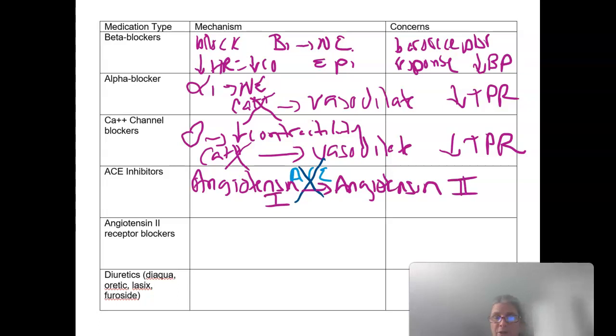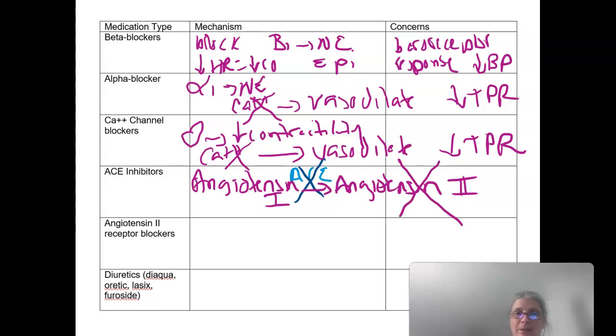Well, if you don't get angiotensin 2, now you don't release aldosterone and you don't vasoconstrict. So it's going to have a two-prong effect, right, on blood pressure. Well, the other concern, though, is maybe sometimes you need your blood pressure to go up, right? Probably not too much if you're hypertensive, but it's going to block this whole process of angiotensin 2.